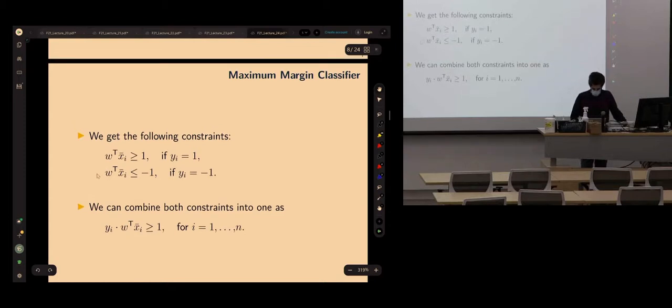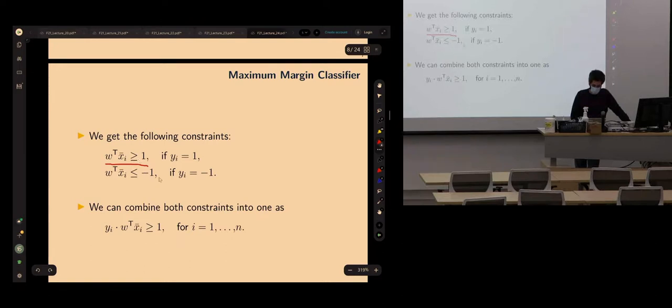Basically, if you multiply, what happened? I'm confused. Last time it made sense. So the first one is what we have, right? When y is positive 1, it doesn't change anything. When you multiply it, you still get w transpose times x bar i greater than or equal to 1.